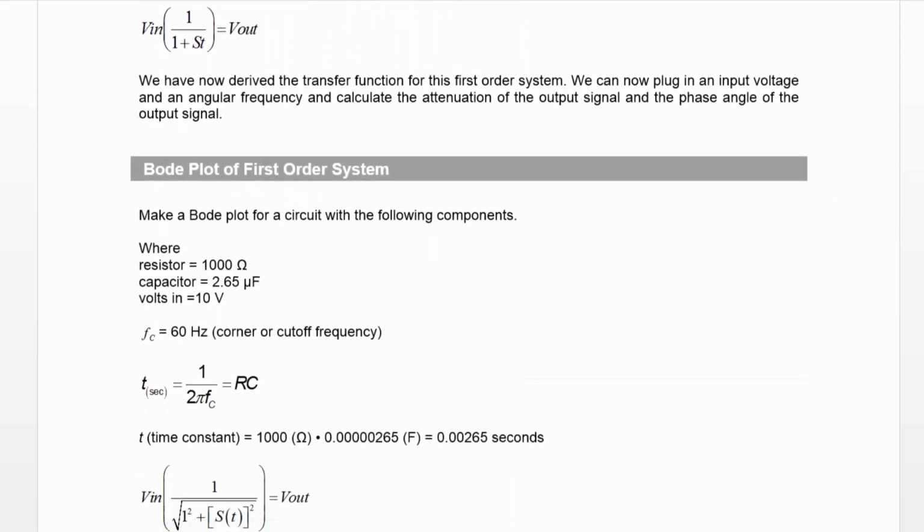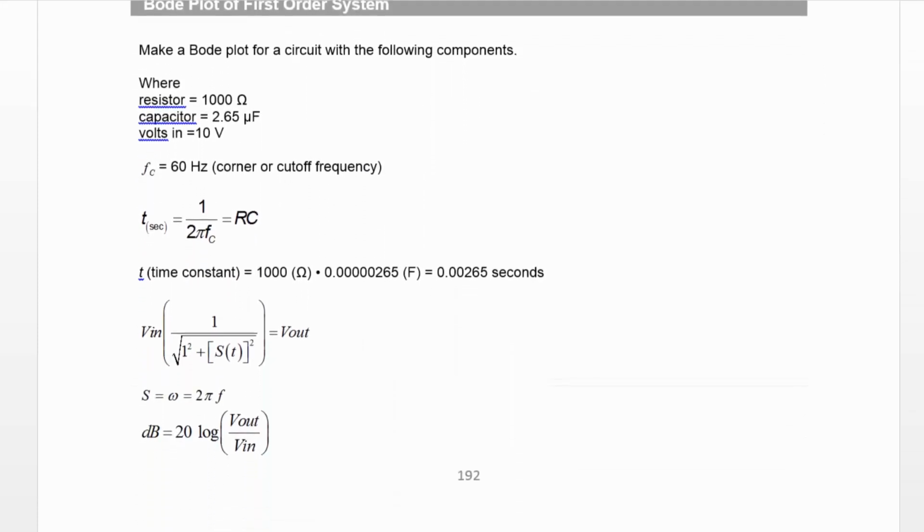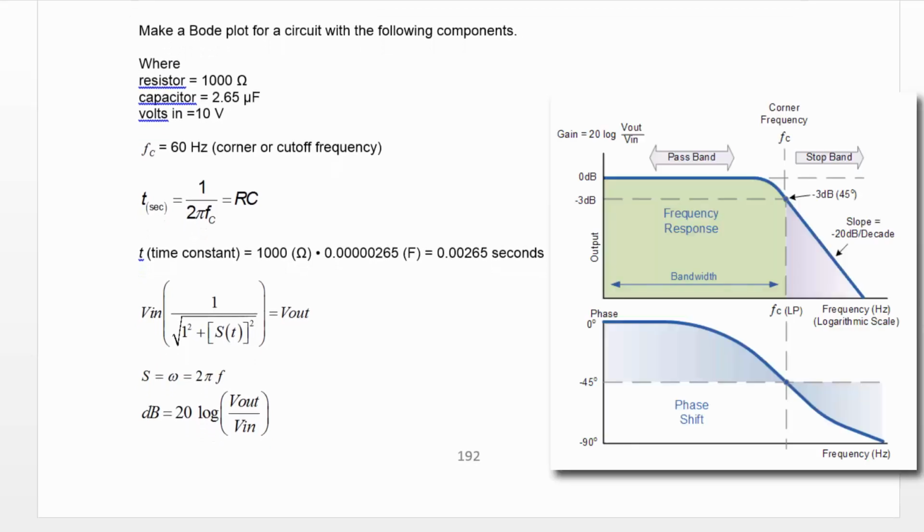So let's make a Bode plot. This is the resistor we saw before, 1,000 ohms, and the capacitor is 2.65 microfarads. So that's 0.000000265 farads.